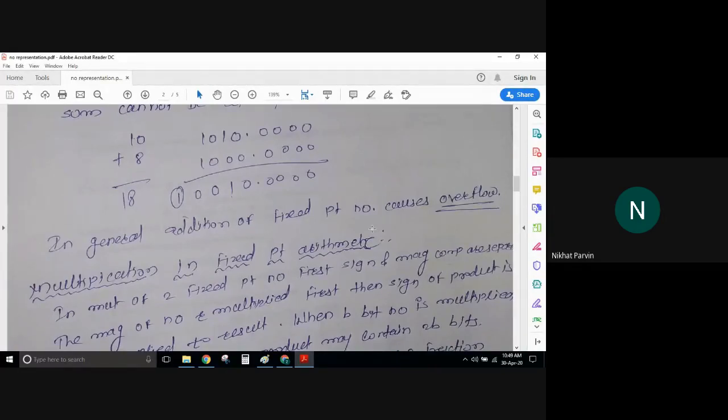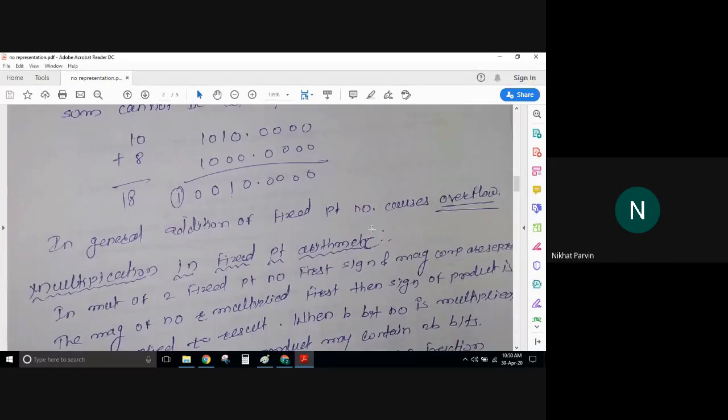I will separate the integer and the fraction, and then do the next operation. What is the advantage of having fractional numbers here? When you are multiplying fractional numbers, the result will always be a fractional number only.